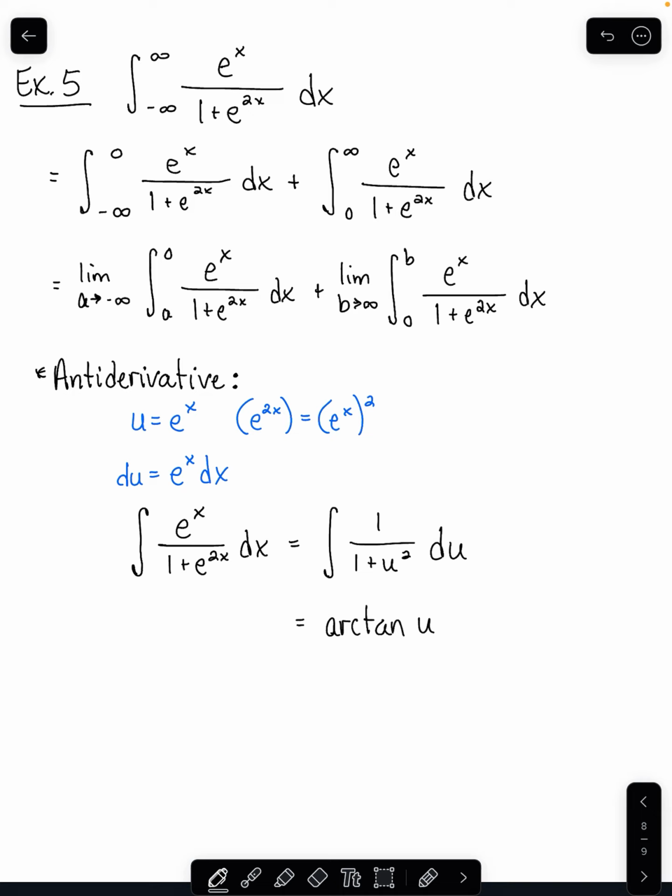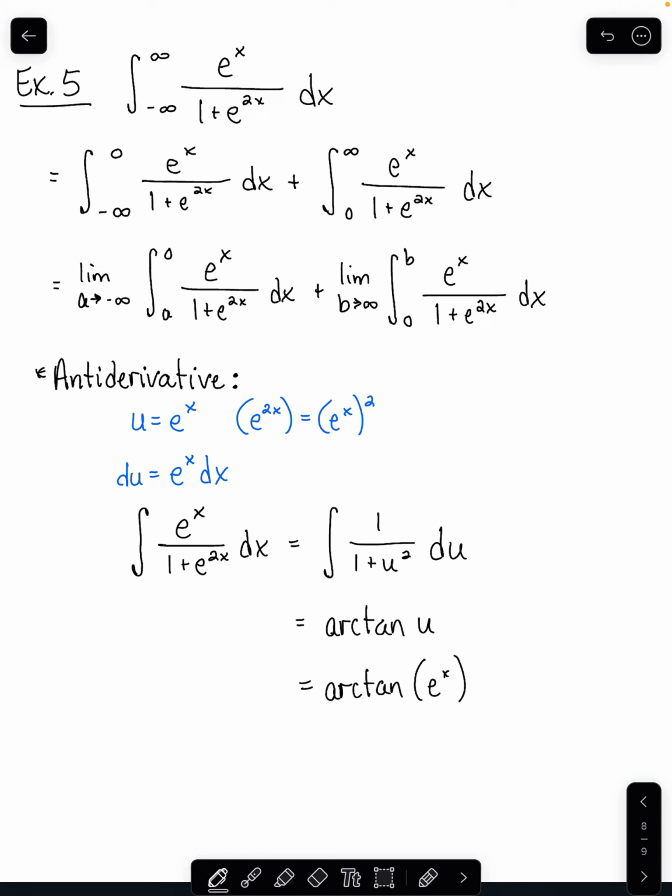Of course, one additional step, we do need to return to the original variable. So our antiderivative is arctangent of e to the x.